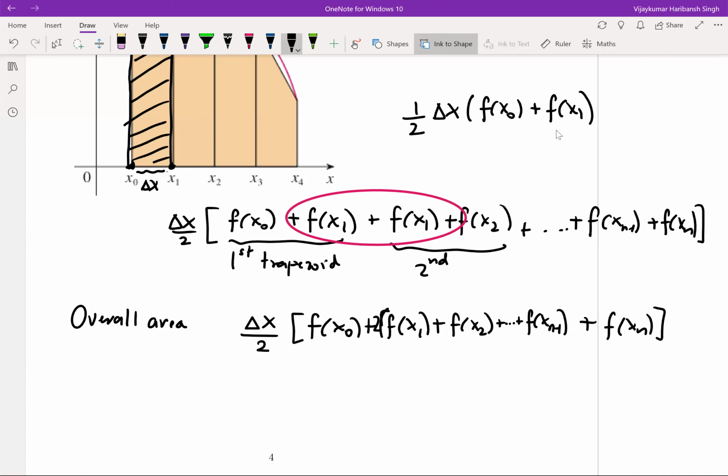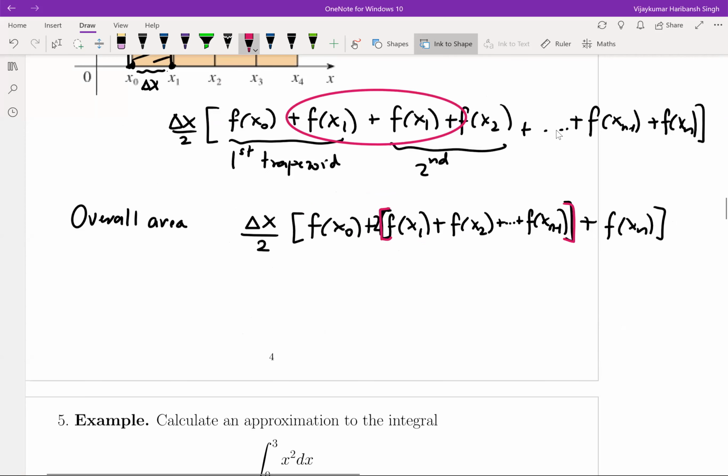Let me just use a different color so that it's clear that these are getting doubled. And then the other extreme ones are 1. Now let's do this problem.